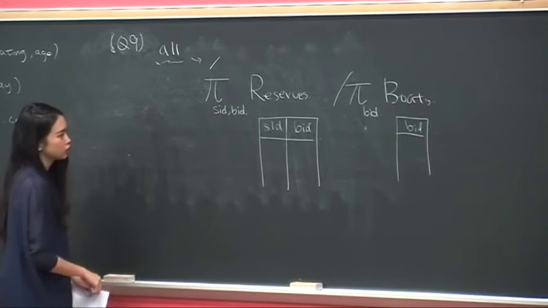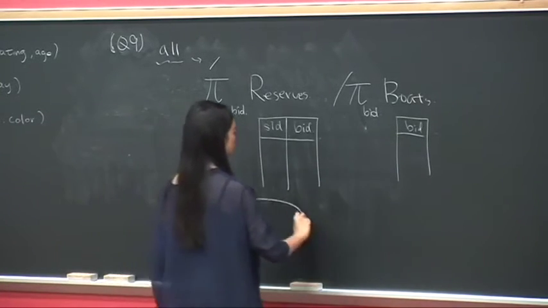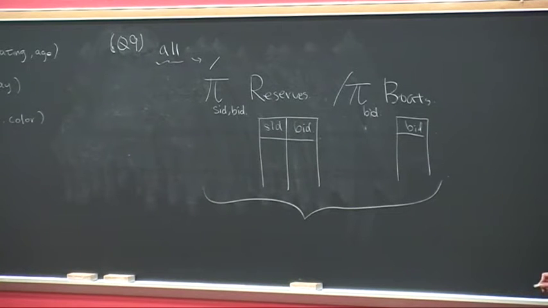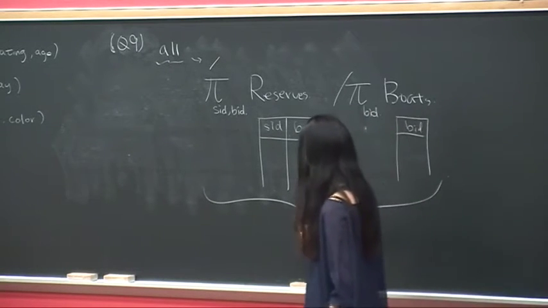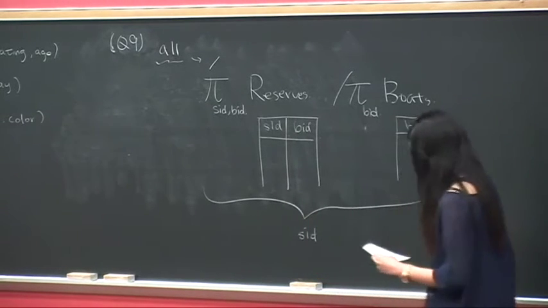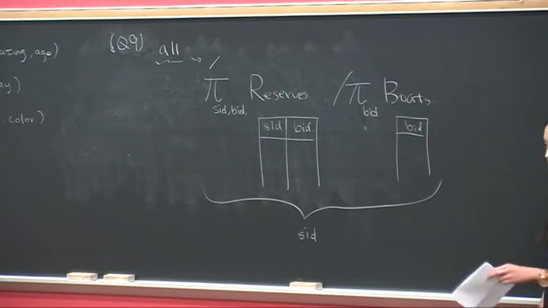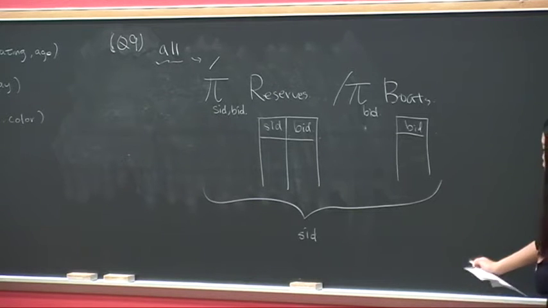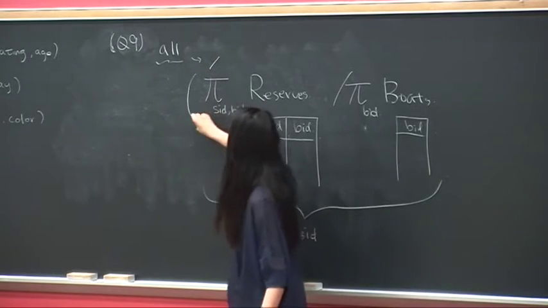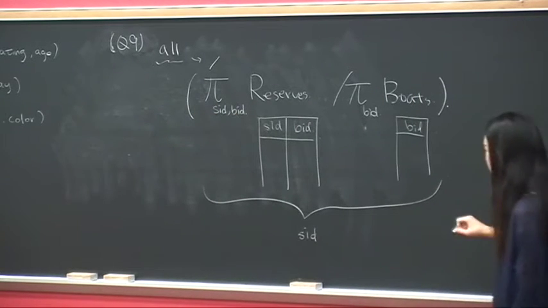If you only look at this part, what's the schema for this result so far? How many fields do we have? Only one, and that is SID. But the goal in the end is to get sailors' names. So we have to associate with the sailors' table by using which operator?